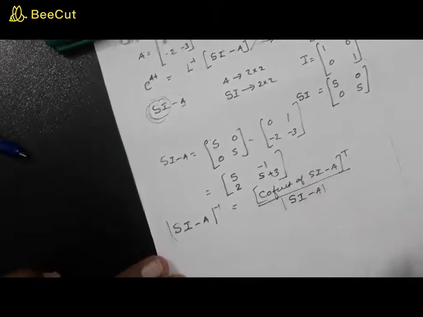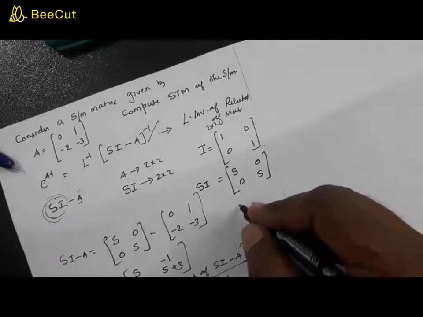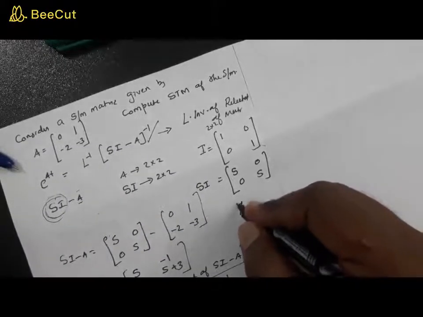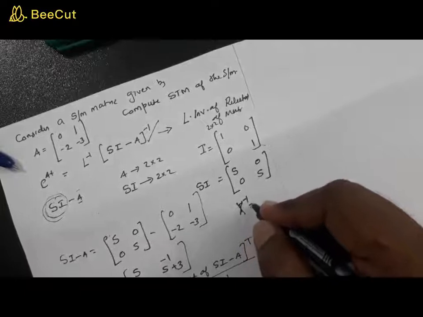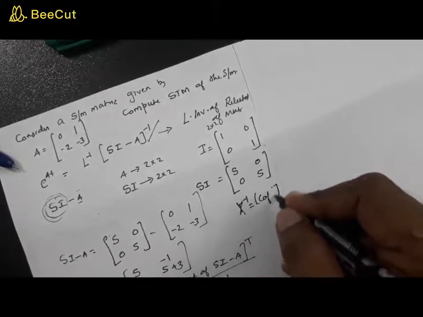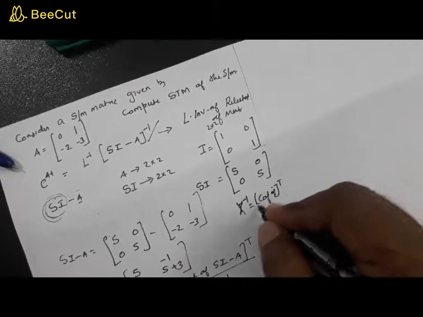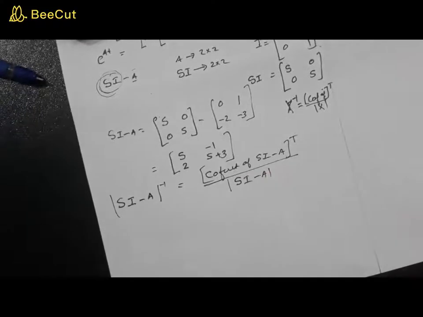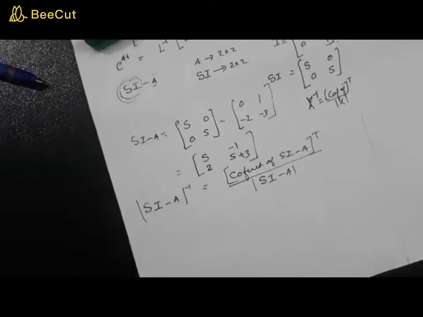I will explain what this cofactor is. That is, for example, if you want to find the matrix X inverse, it is nothing but the transpose of the cofactor matrix of X divided by the determinant of X. So that's what you are applying here. Now how to find the transpose of this matrix?